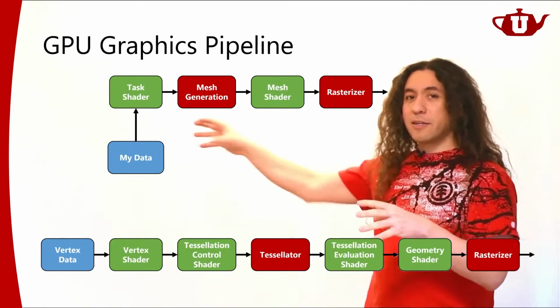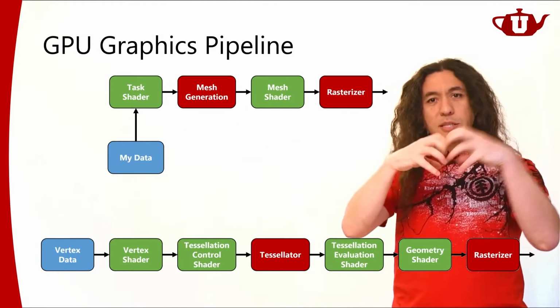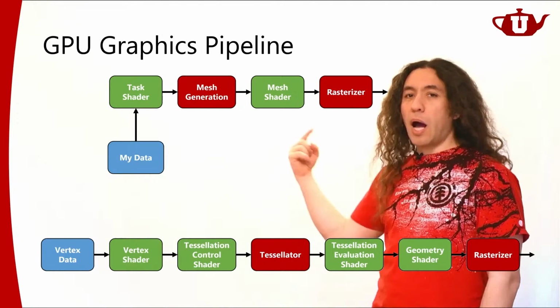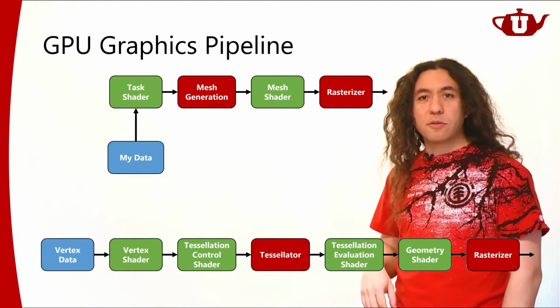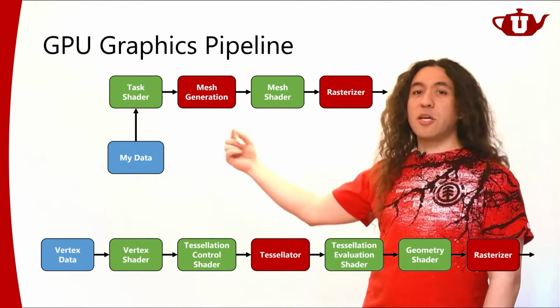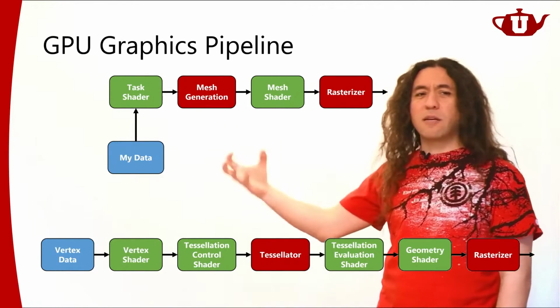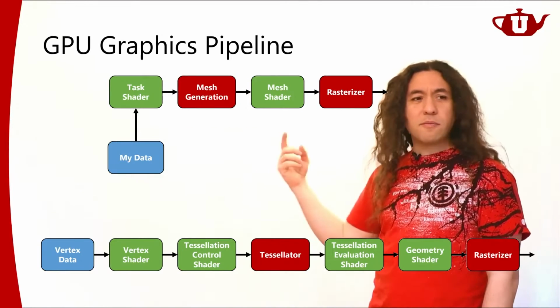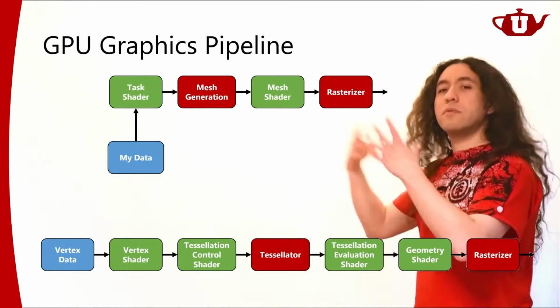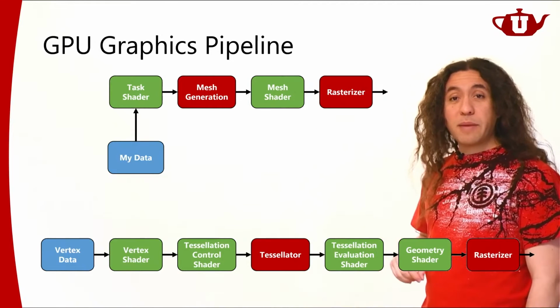So these are like larger coalesced groups of things, and from that I decide how many mesh shaders I would like to run. And there's this mesh generation stuff. This is not actually generating anything. It's basically that I am deciding to run a lot more mesh shaders.